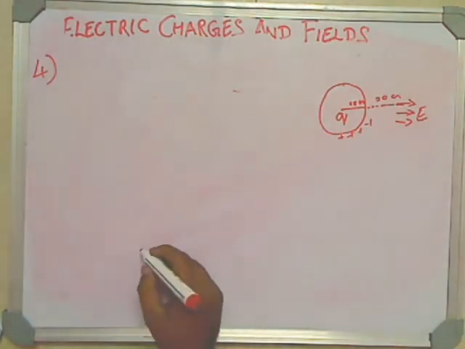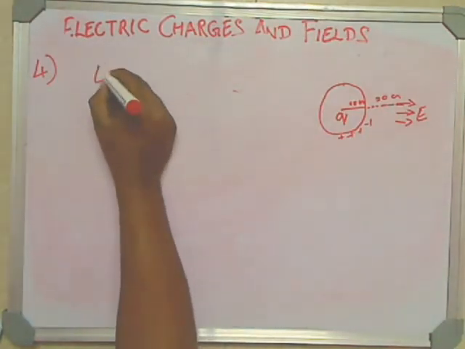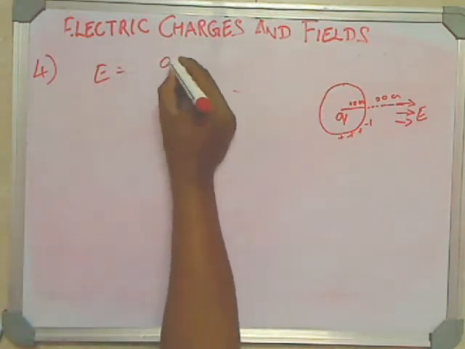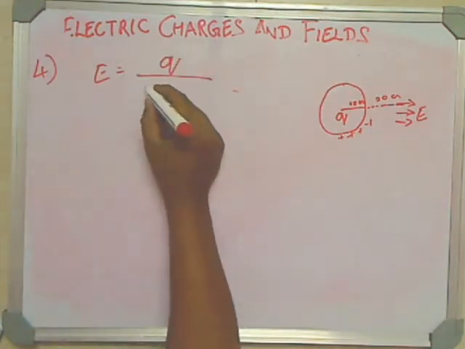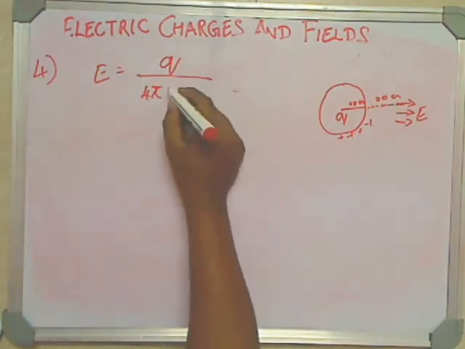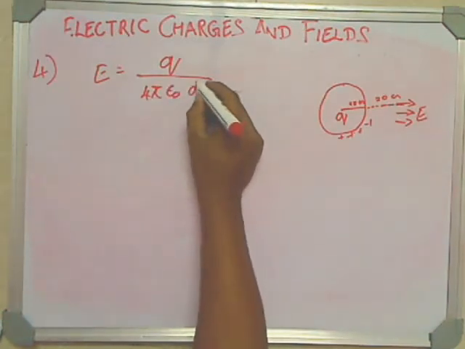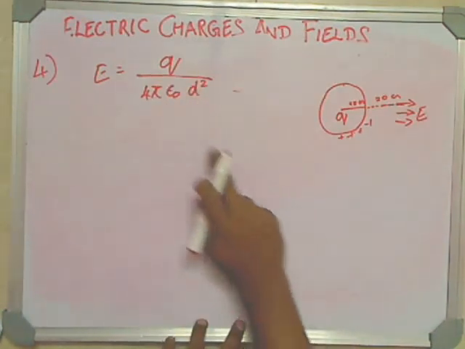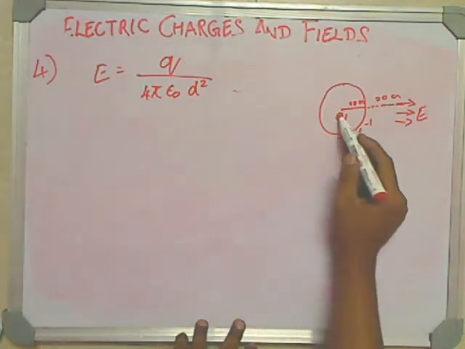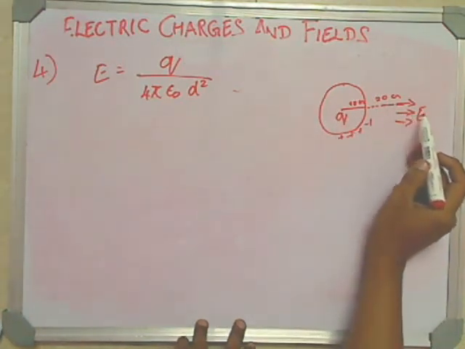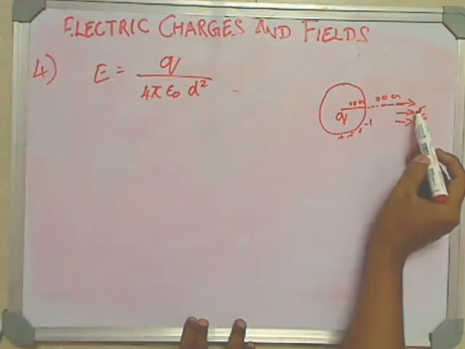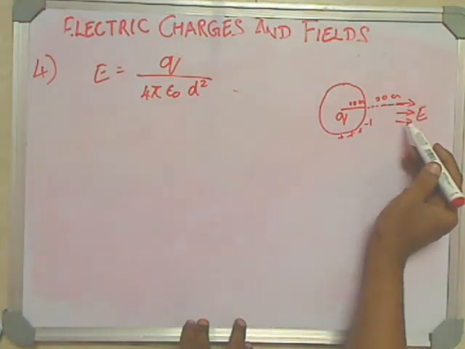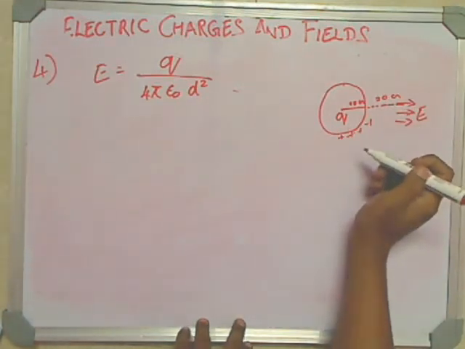So here is what you need to do. E equals Q divided by 4 pi permittivity of free space d square. I consider d here because it's the distance from the center to the electric field. The electric field actually is going on here. So from here to here I consider the distance.